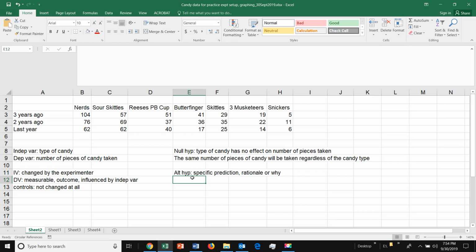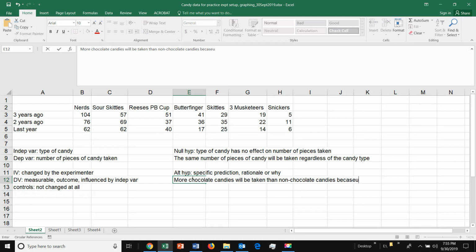And so our alternative hypothesis in this case, because I really like chocolate and I feel like nerds, etc., are kind of just a waste of perfectly good sugar, actually. So I am going to say, you don't need to say I expect, you could just say: more chocolate candies will be taken than non-chocolate candies.